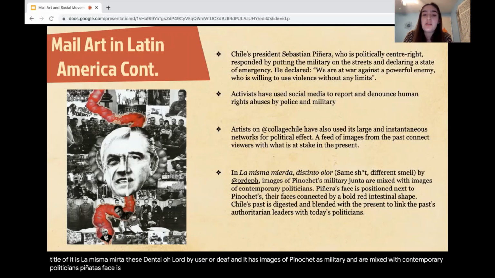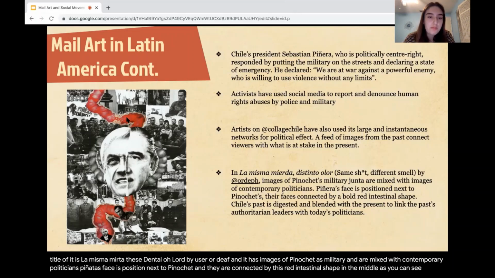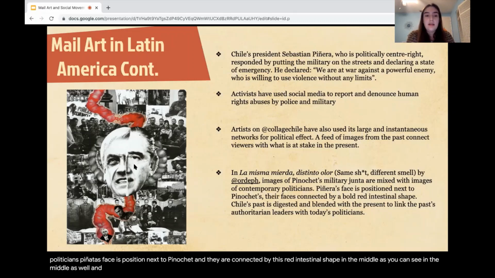Piñera's face is positioned next to Pinochet's, and they are connected by this red intestinal shape in the middle, as you can see. And this is a metaphor to describe how the past is being blended with the present, and how politicians now are very similar to the politicians from the past.